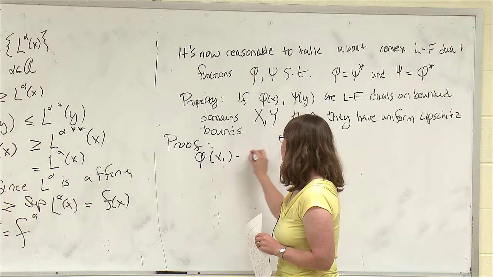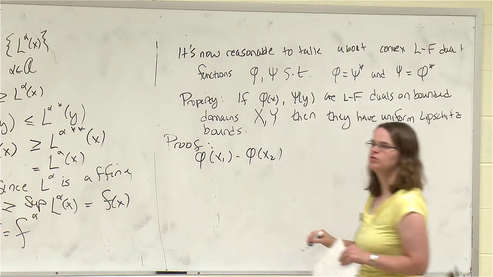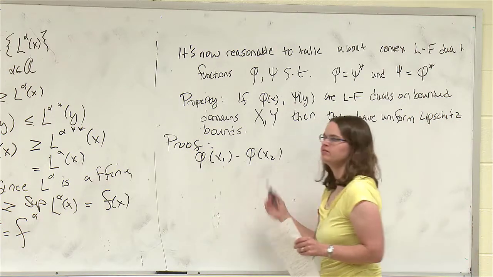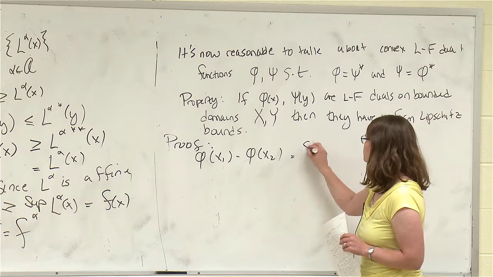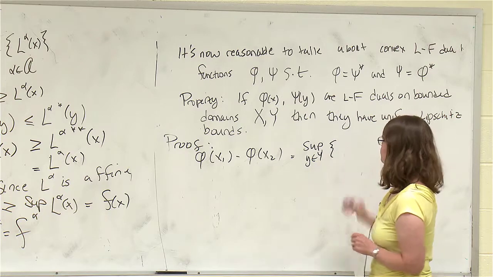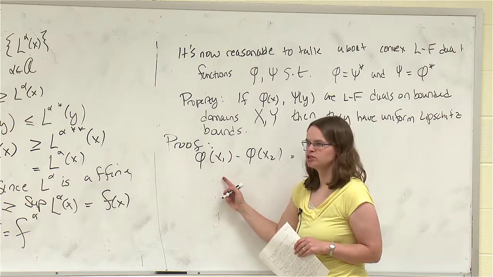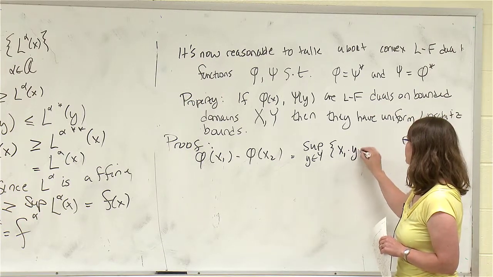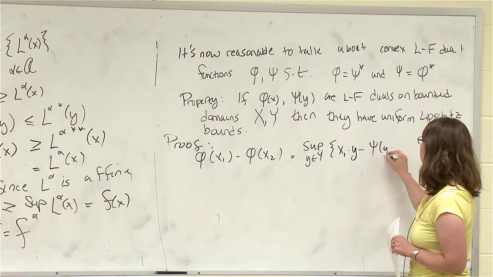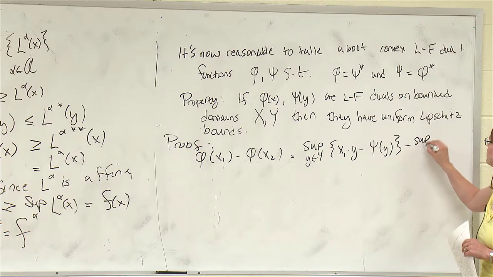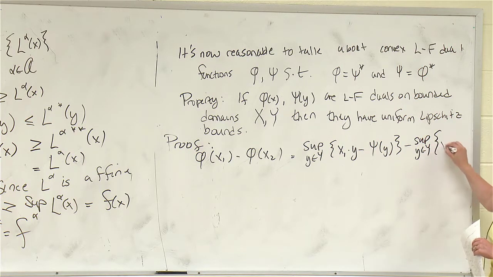So this is the kind of object that we need to look at, phi of x1 minus phi of x2. Right? We would want to bound its absolute value by something times x1 minus x2. Okay, so this is the supremum over all y of, okay, this is a Legendre transform of C. So x1 dot y minus C of y minus, and again, it's a Legendre transform, x2 dot y minus C of y.